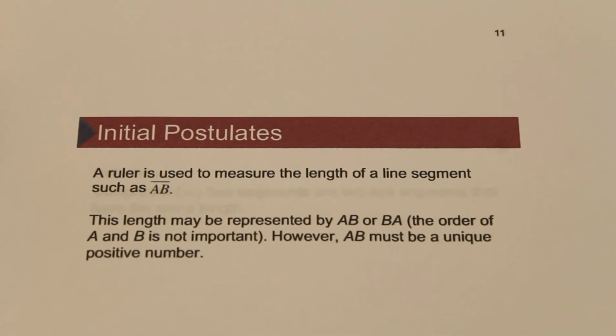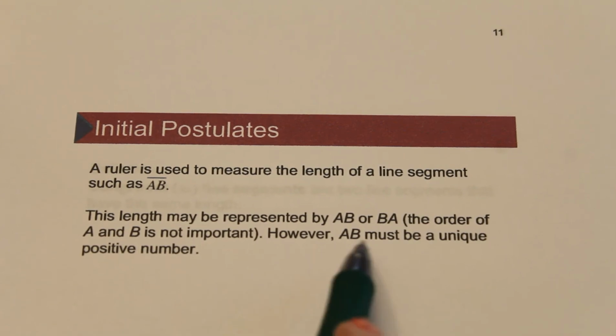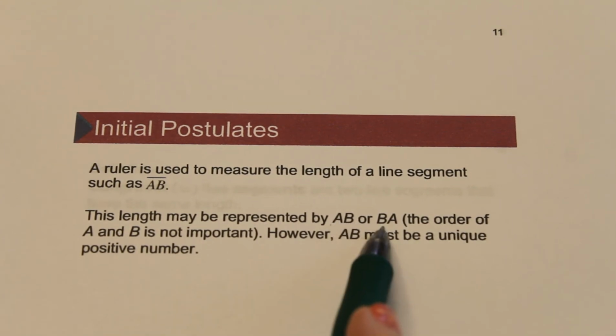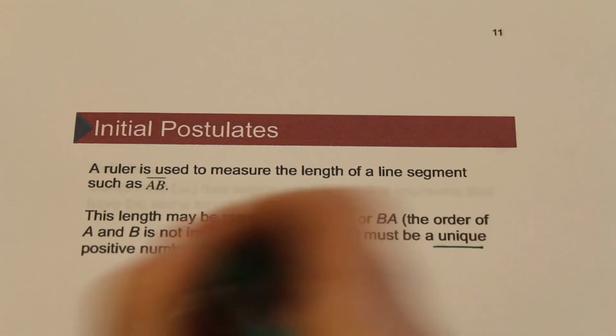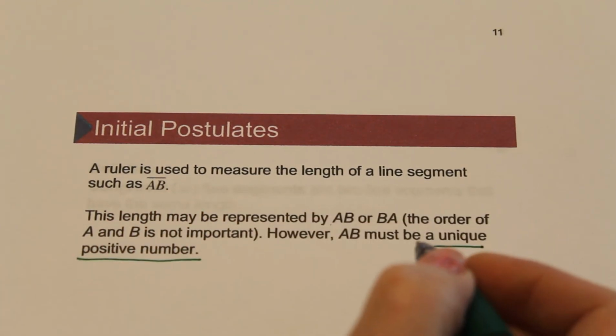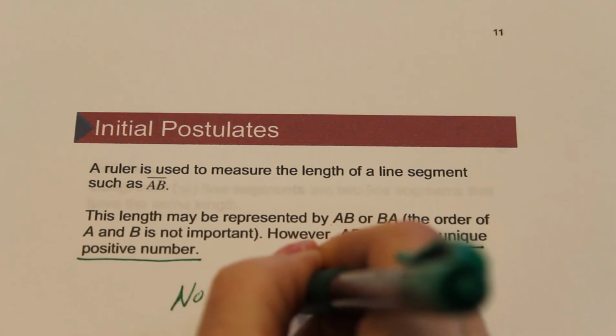So we've used a ruler to measure the lengths of a line segment. The length can be called AB, or it can be called BA. The order of the endpoints is not important. However, the length must be a unique positive number. So there are no negative lengths.